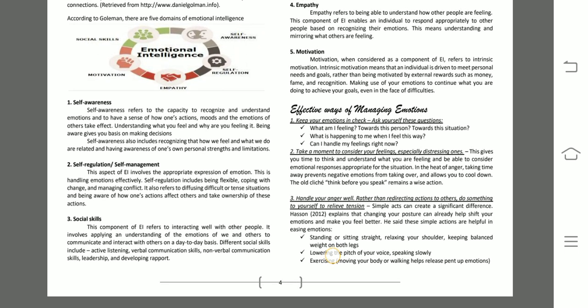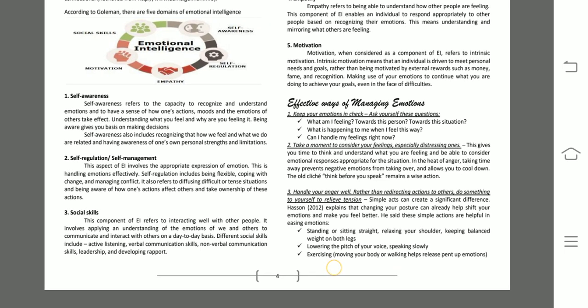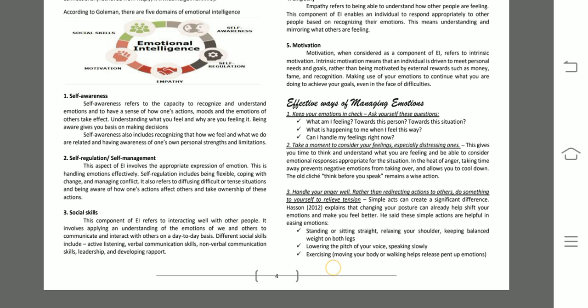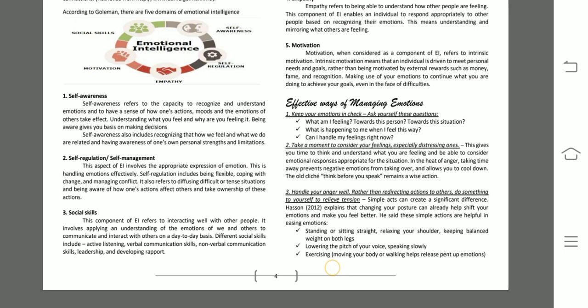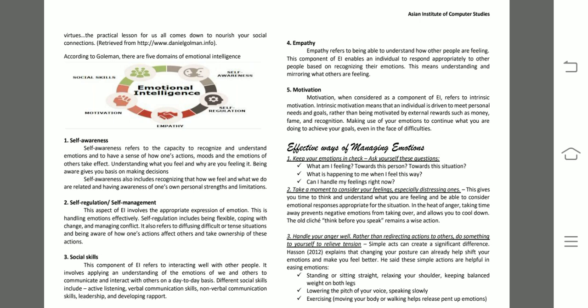Pumapasok dito yung dapat naiintindihan ng isang individual yung emosyon na meron siya at the same time yung emosyon ng ibang tao. Okay? These are the different social skills: active listening, verbal communication skills, non-verbal communication skills, leadership, and developing rapport. Yun daw yung iba't ibang klase ng social skills.